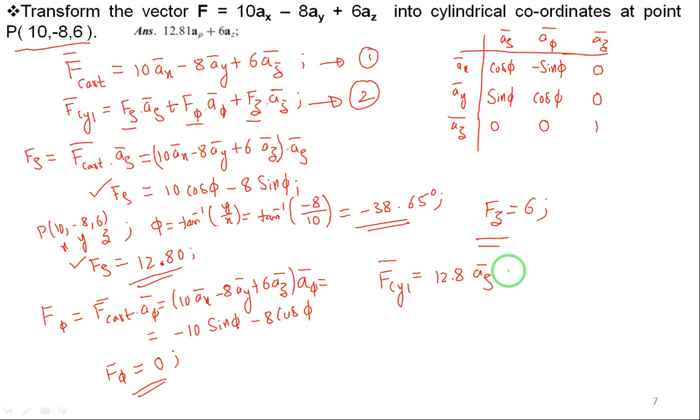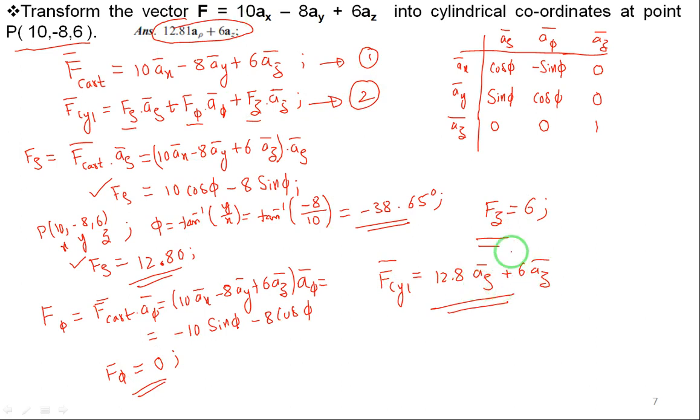F phi we can neglect, or else you can write down that small value you got, or else it is 0. Almost 0. And fz is 6 az, right? So this is the answer. Just verify the textbook answer here: 12.81 a rho plus 6 az. Yes, 12.8 a rho plus 6 az.